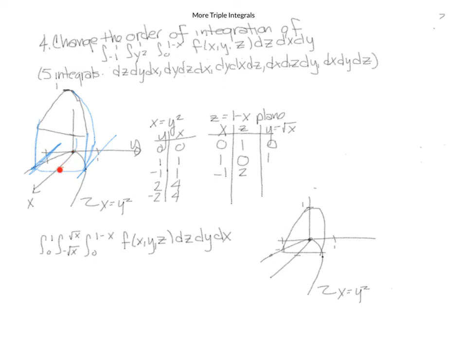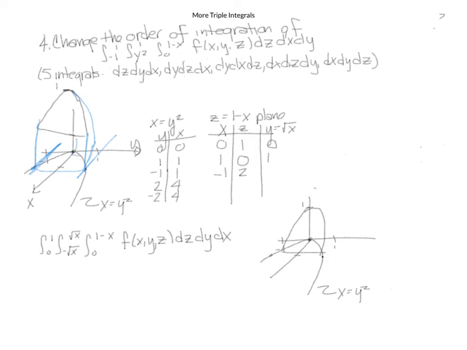It goes from the origin up to 1. Then y, solving over here, is going to go from the left side of the parabola to the right side of the parabola. In other words, solving the equation algebraically, y is going to go from the negative square root of x to the positive square root of x. And so again, I'm going to shade this in green.